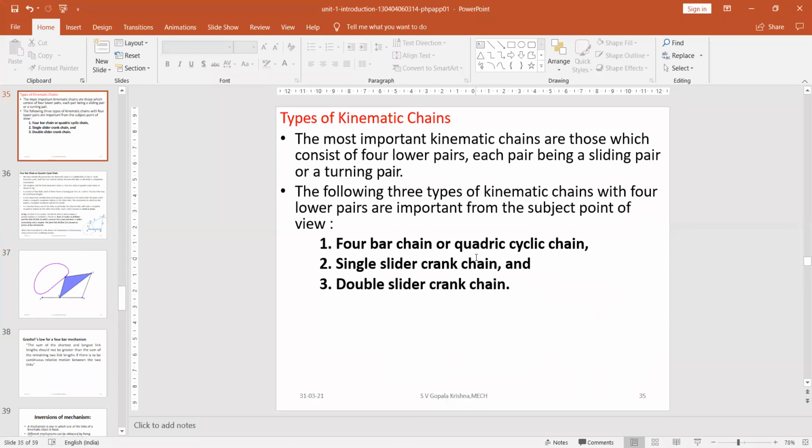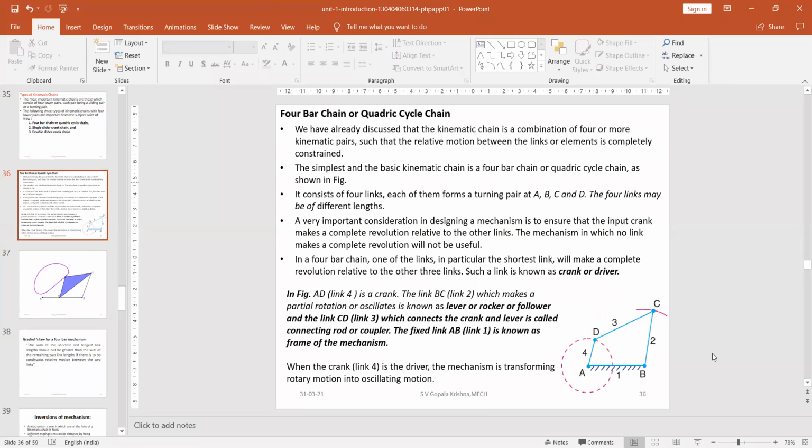Just all of you observe this particular diagram. In this, it is a 4-bar chain or quadric cycle chain. How many links are there? 4 links are there. In this, the first link is fixed.